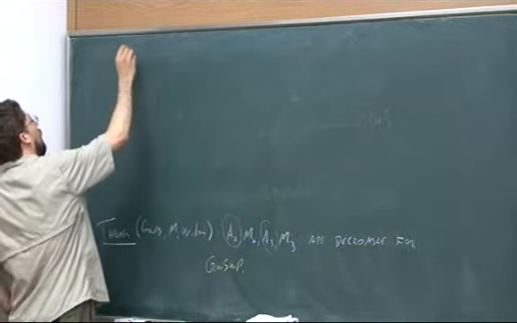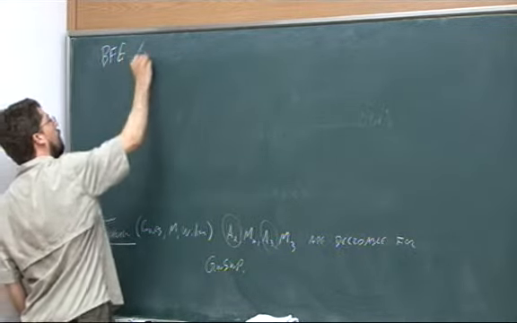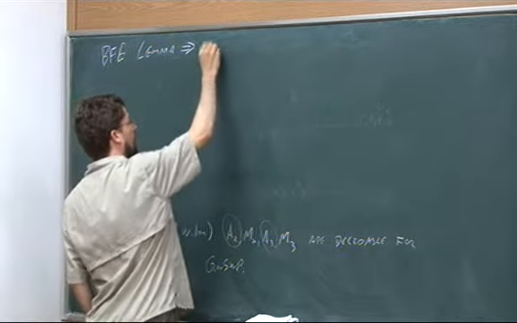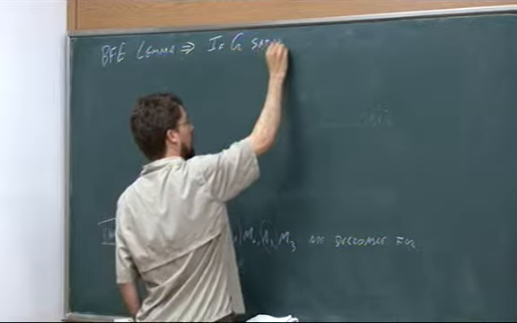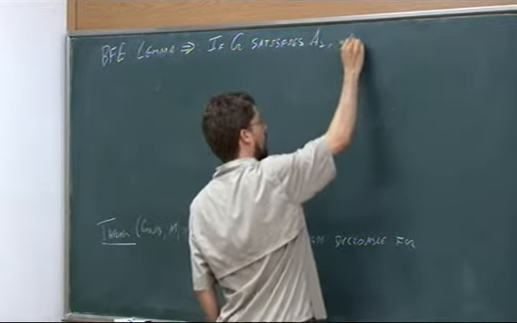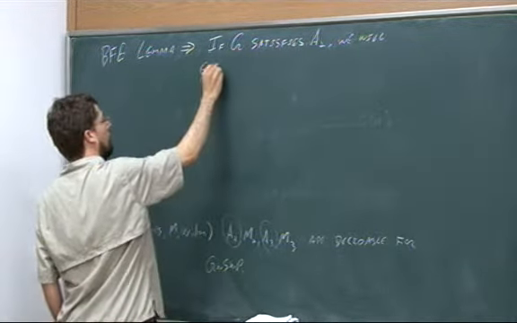So the brute force enumeration lemma implies that if G satisfies A2, we will eventually discover it.